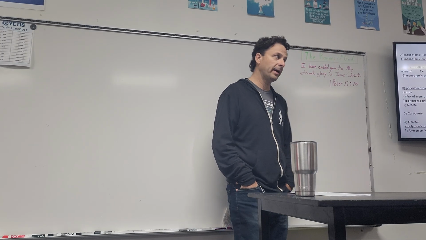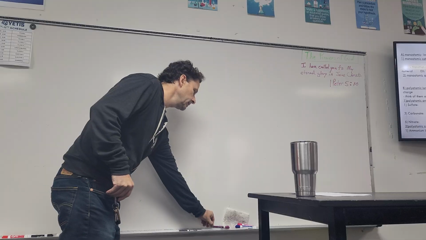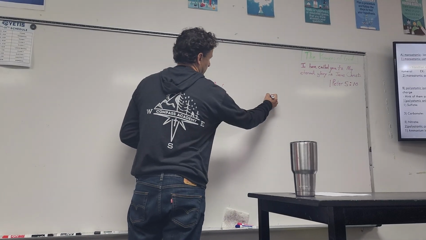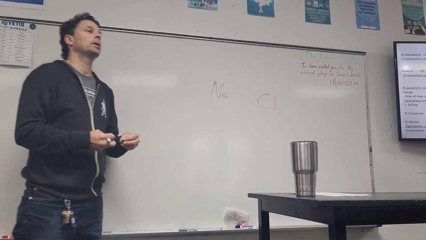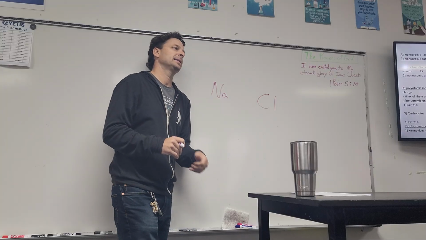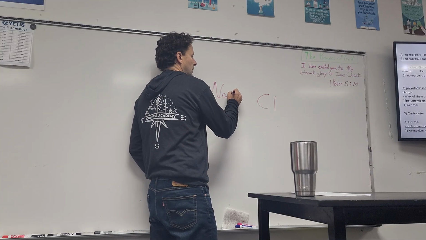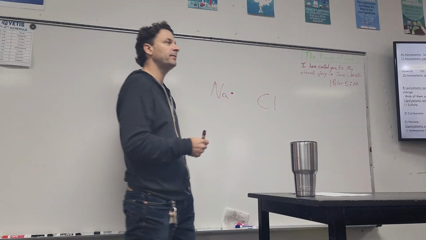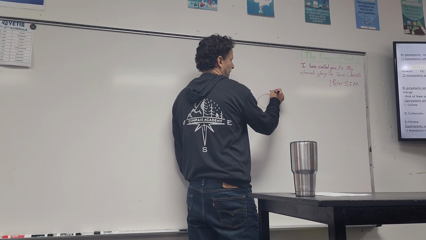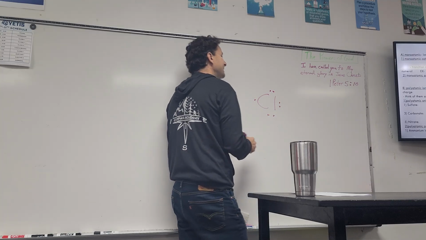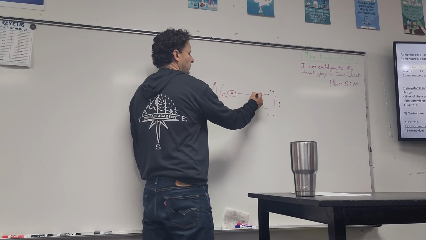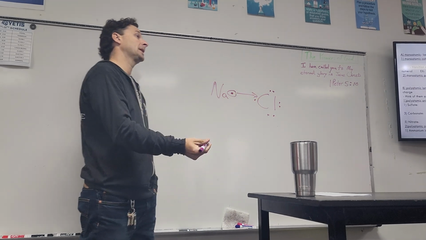Now, we saw that very easily in table salt, Na with Cl. And if I asked you, what are these Lewis dot structures? Well, Na is in the first group. How many valence electrons? Chlorine's in the 17th group. How many valence electrons? 7. And again, we put them in unpaired first, then we pair them up, and we could see very easily, yes, if sodium were to lose its 1 electron, it would be happy because it looks like neon now.